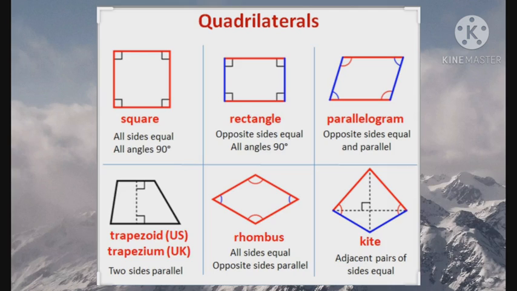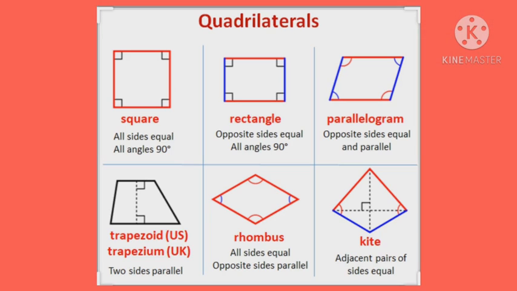There are different types of quadrilateral that you studied in the previous class. A square is also a quadrilateral as it has four sides, four angles, four vertices. A rectangle is also a quadrilateral. A parallelogram is a quadrilateral. A trapezium is a quadrilateral. Rhombus and kites, these are all quadrilaterals, as all these figures have four sides, four angles, and four corners.